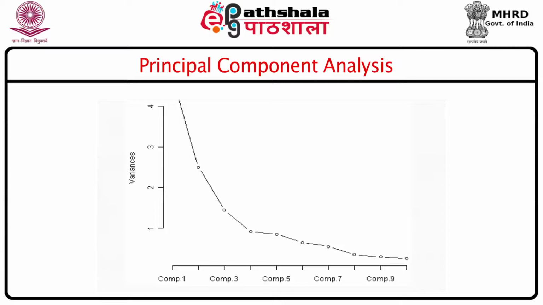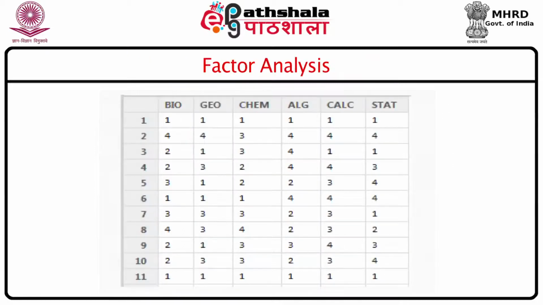As opposed to principal component analysis, we look at what is referred to as factor analysis. In factor analysis, instead of taking linear combinations of the given variables, we look at each variable being composed of a number of factors. The number of factors is generally small, and each variable is supposed to be a combination of these factors.